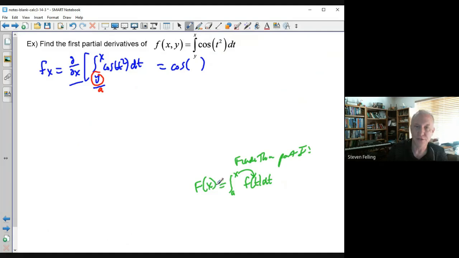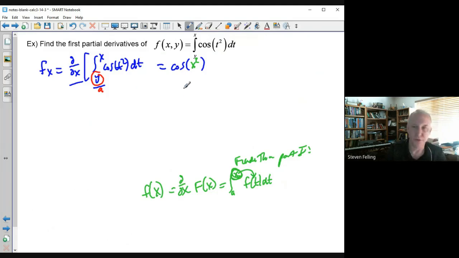Okay, so in this case, I'm undoing this with a partial derivative, and so I'm going to get the original function again, except with whichever thing is the variable plugged in. So by the fundamental theorem of calculus, since the y is being held constant, the variable here is x, and this would just be therefore x squared.